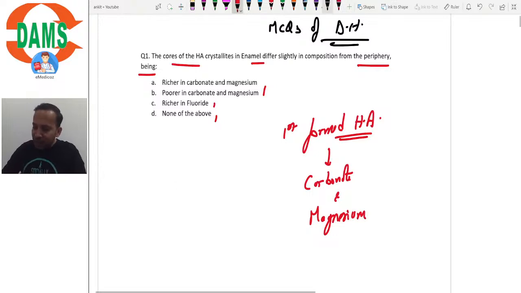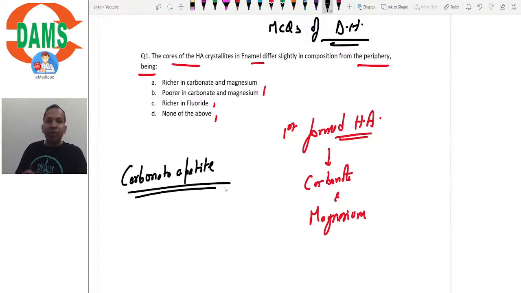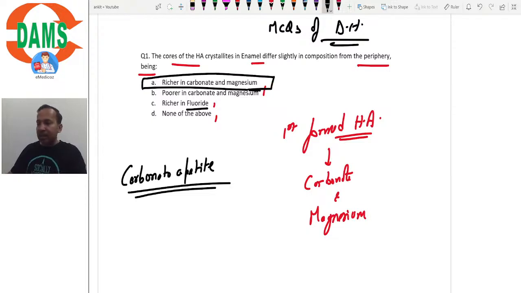And because of this, the newly formed hydroxyapatite, because of its carbonate presence, is often called carbonatoapatite. And fluoride is present on the surface. It is more on the surface as compared to the core, and therefore option A is the correct answer.